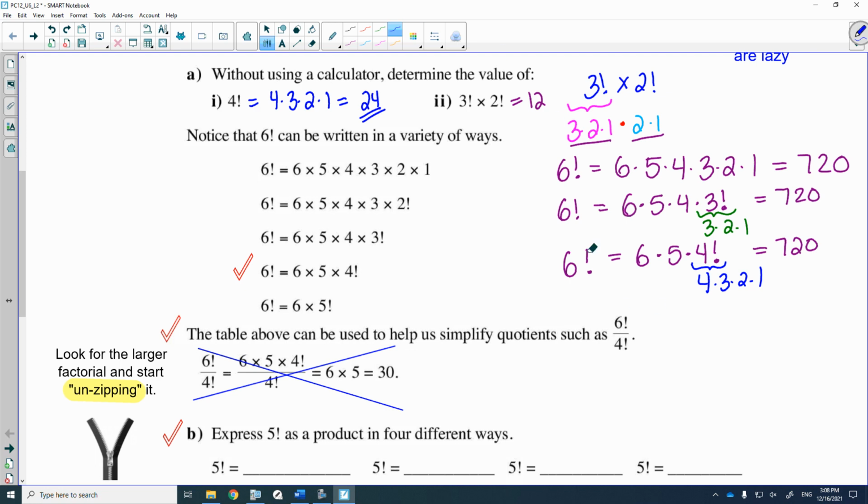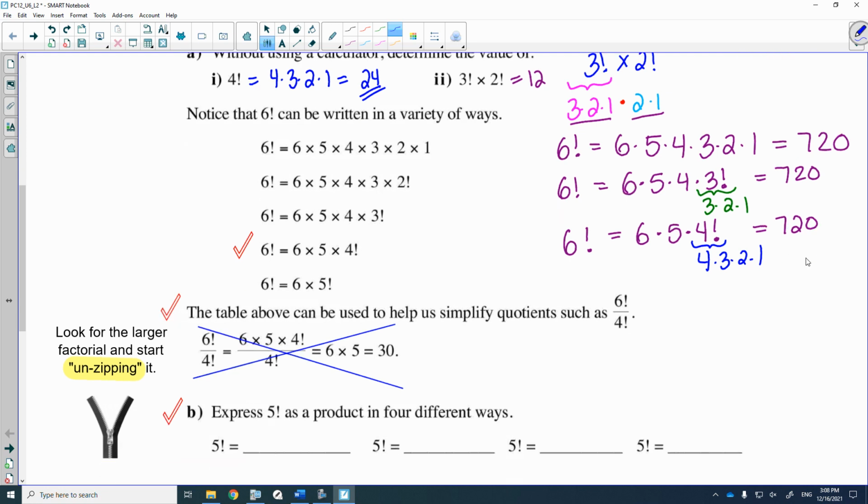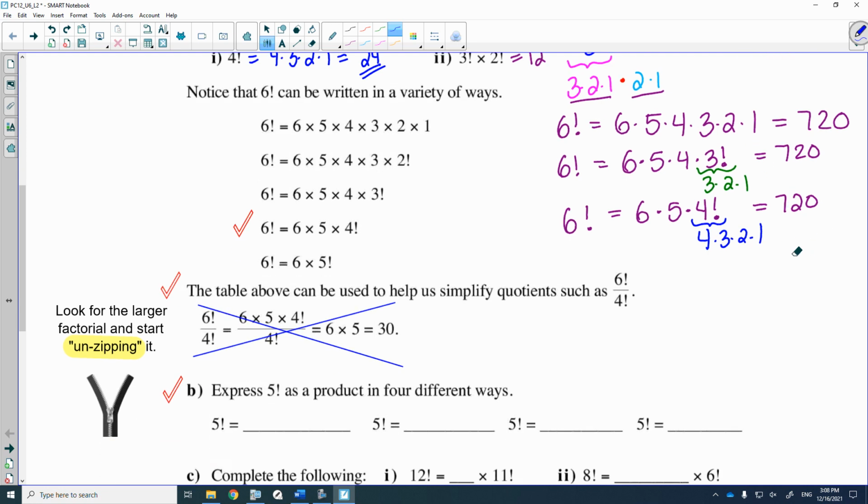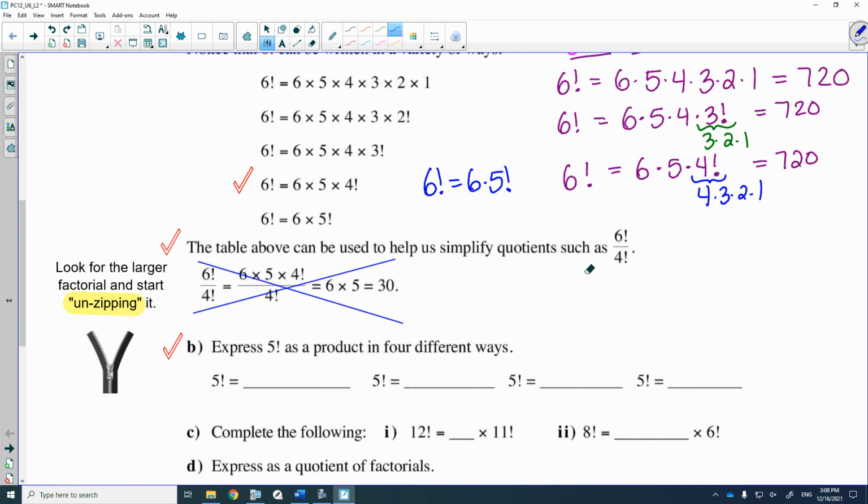So this descending sequence, 6 times 5 times 4 times 3 times 2 times 1, is 720. Another way that I could represent it would be 6 factorial is equal to 6 times 5 factorial. If you typed in 6 times 5 factorial on your calculator, again, you will get 720. There's going to be ways that we could solve something like this in our heads or without using a calculator.